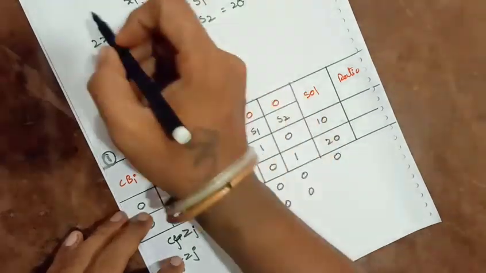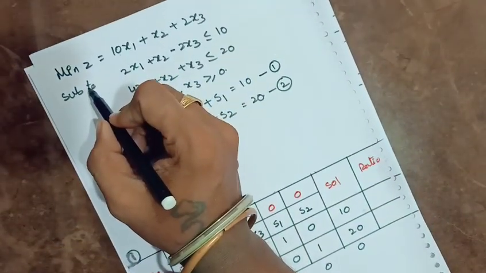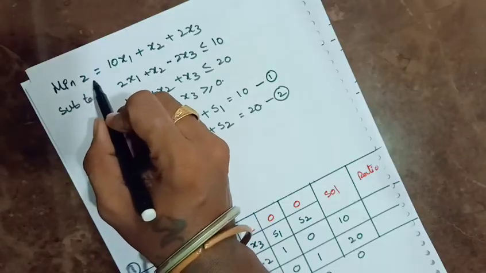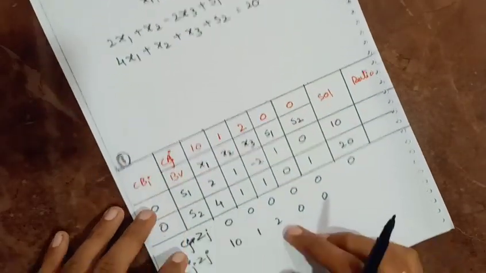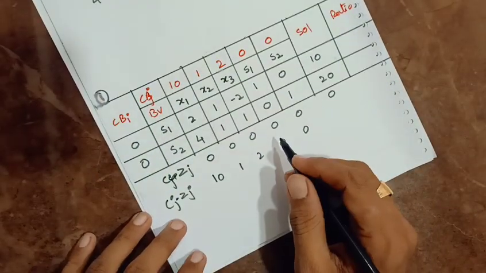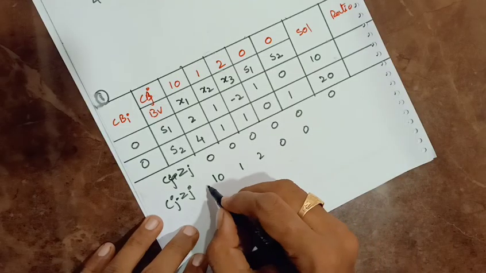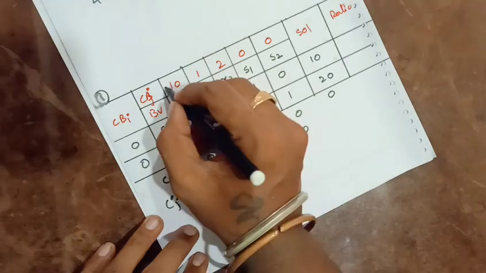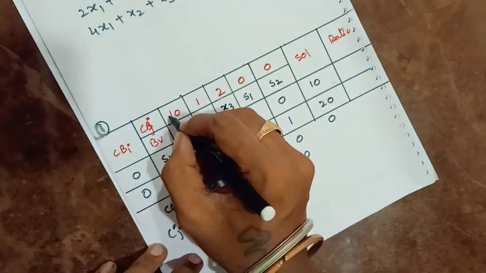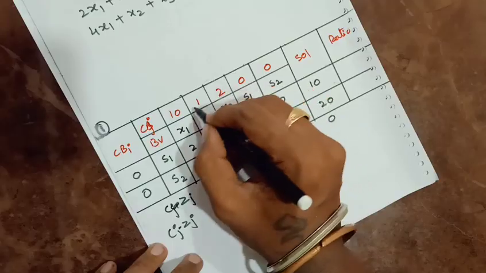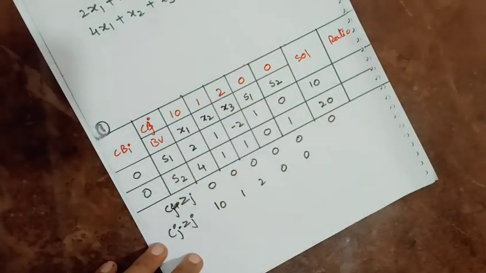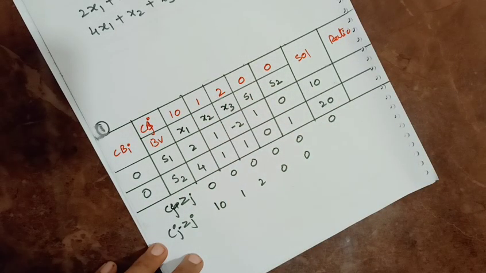But here the function given is a minimization function. So we can convert all the Zj values into negative values. Here also we can make a note, or directly take the negative values.